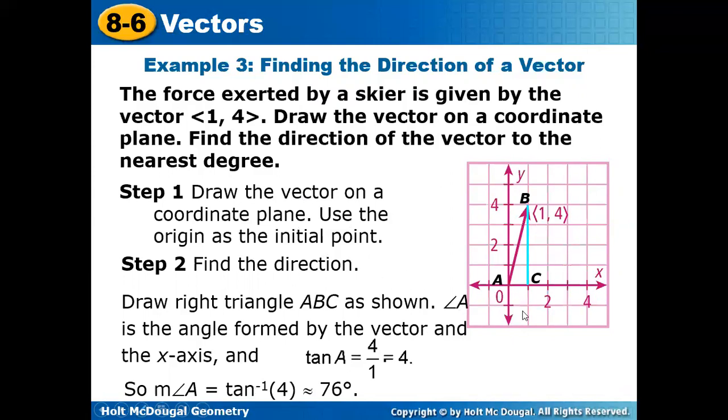You can observe that the measure of the angle is equal to tan negative 1 of y over x in one step. So tan negative 1, 4 over 1, which is 76 degrees.